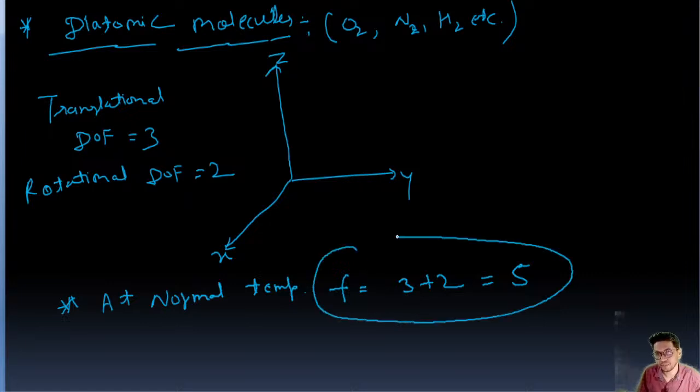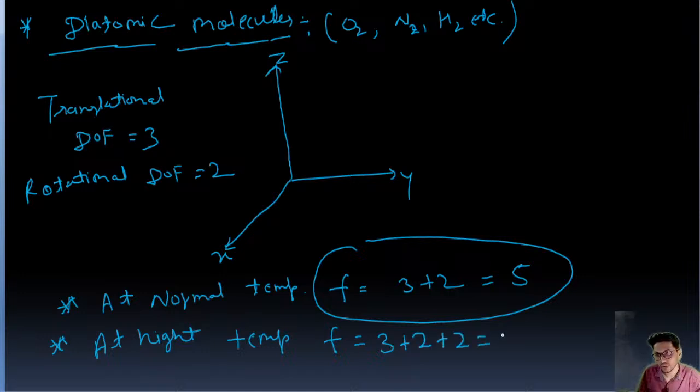Okay, and now at high temperature, the degree of freedom is 7. 3 plus 2 plus 2 equals 7, because at high temperature there will be a vibrational degree of freedom, and that will be 2.